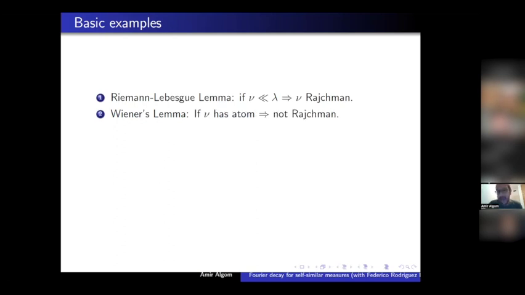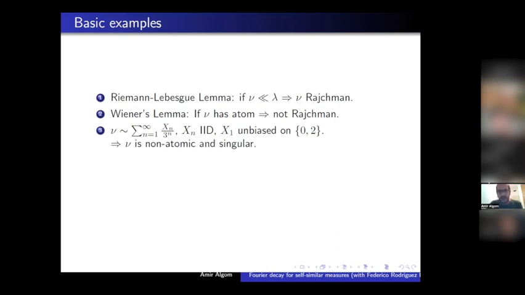It says that if you have an atom, then the measure is not Rajchman. But everything in between, I don't think there's any general method of doing things. So let's look at one ad hoc example. Suppose we consider the Cantor-Lebesgue measure on the middle thirds Cantor set. This measure is well known to be singular and non-atomic.